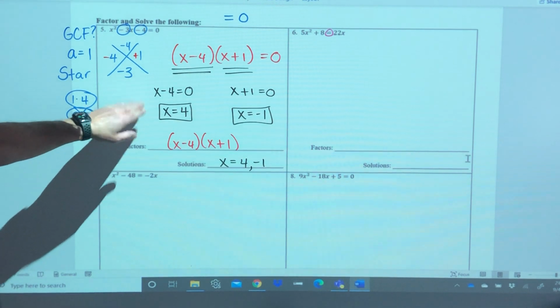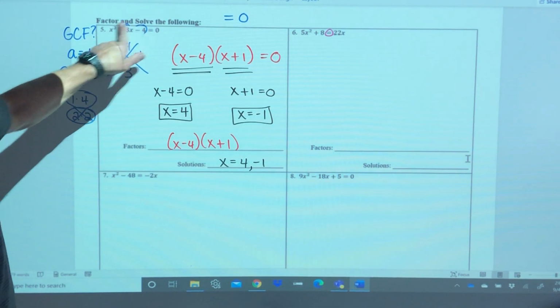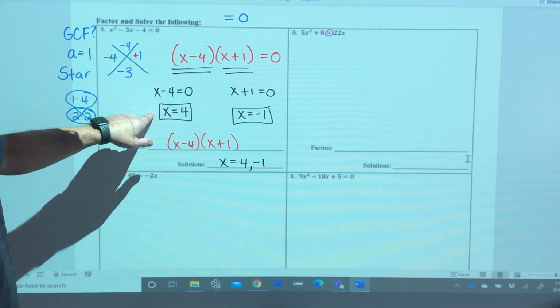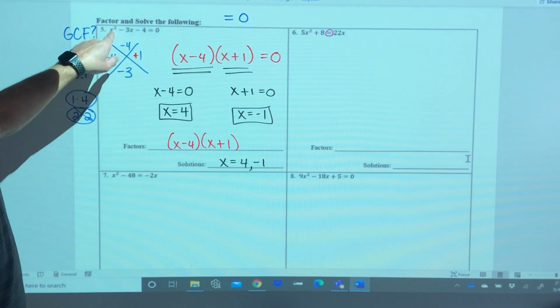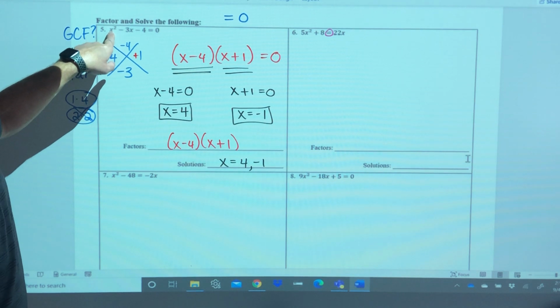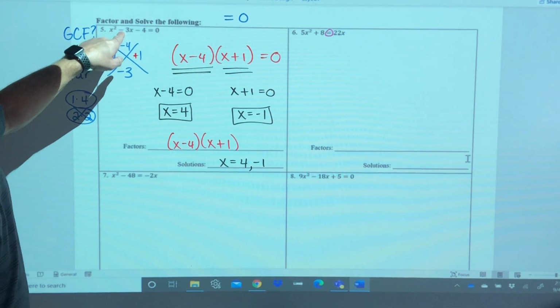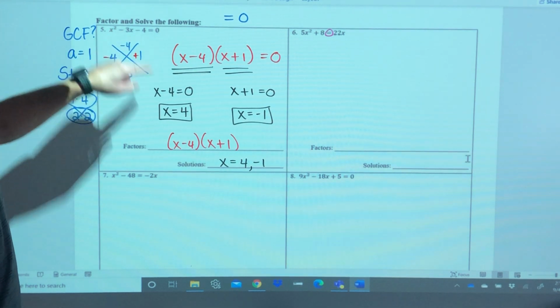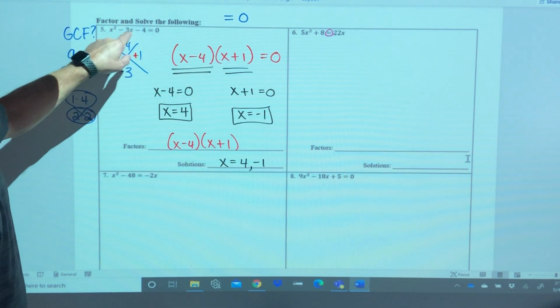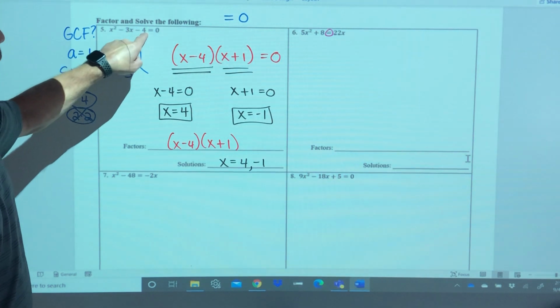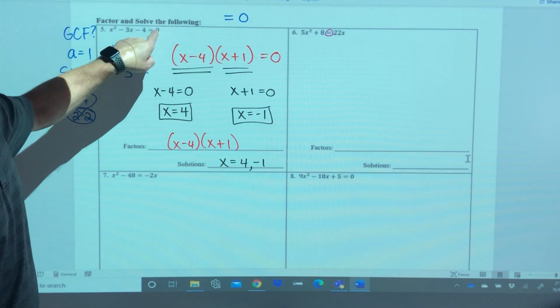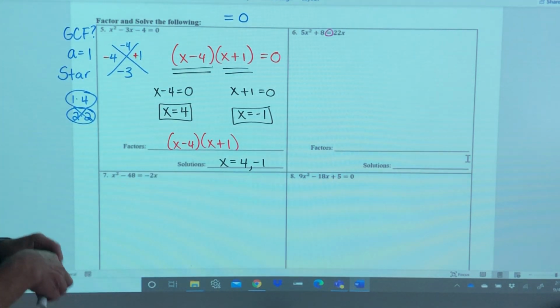What that means is this. If you plugged in the x value here, they'll be equal to 0. So 4. 4 squared, 16. Minus 3 times 4 is 12. So 16 minus 12 is 4. 4 minus 4, 0. That's why it works.